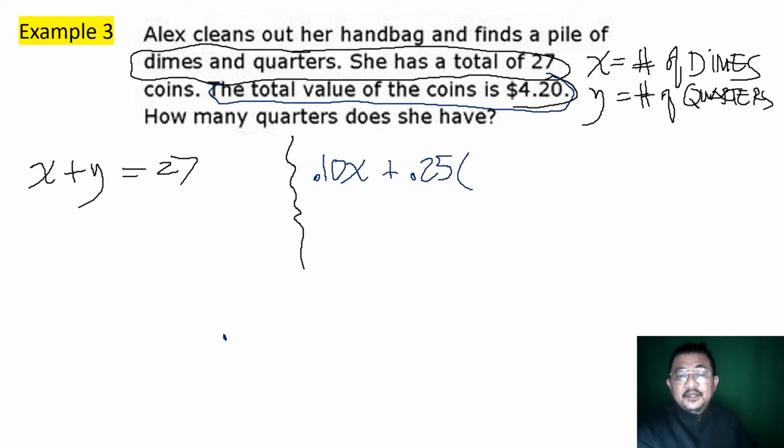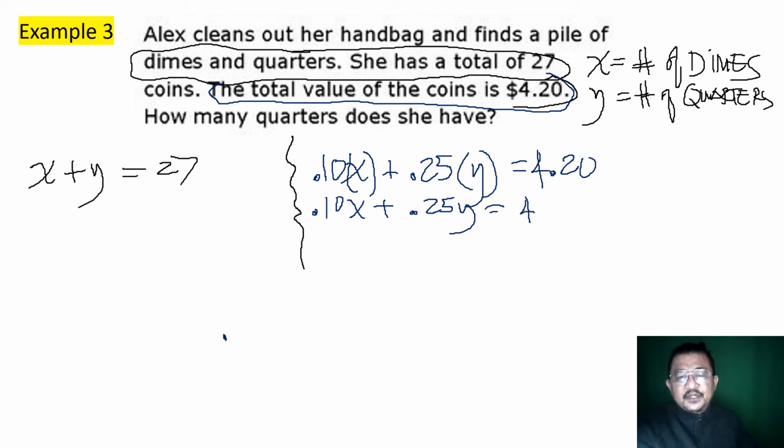How many dimes do we have? X. And if you add them up, the total should be $4.20. Okay, we're good with that. You could rewrite this as 0.10x plus 0.25y equals $4.20.